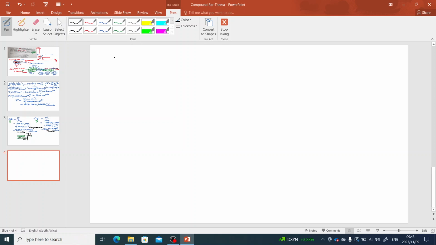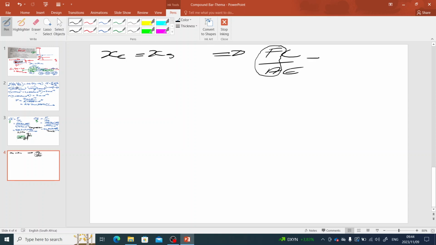Now, we know that change in copper equals change in steel. We know that the formula for calculating the change is FL over AE. Now, what do we have here? Force over area, it is your stress.